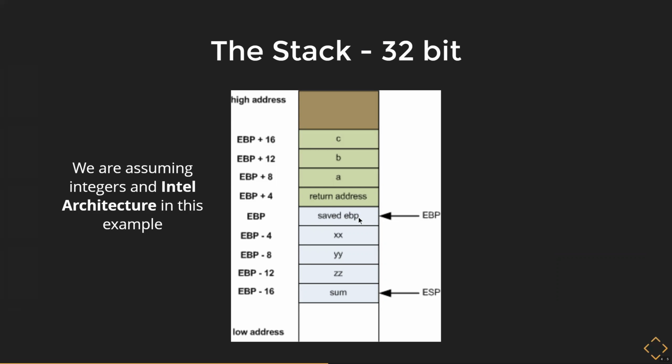That's what EBP is. EBP is going to say, here is where I'm going to start. Above it would be our return addresses, and below it we have these XX, YY, ZZ, and ABC. What those are, in particular, is going to be data, but different kinds of data.